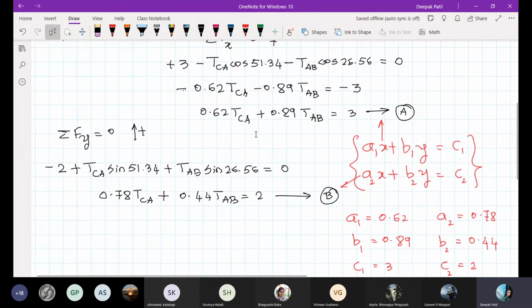So A1 is 0.62, B1 is 0.89, C1 is 3, A2 is 0.78, B2 is 0.44, C2 is 2. Okay, so I'm getting TAC as 1.09 kilonewtons and TAB as 2.61.